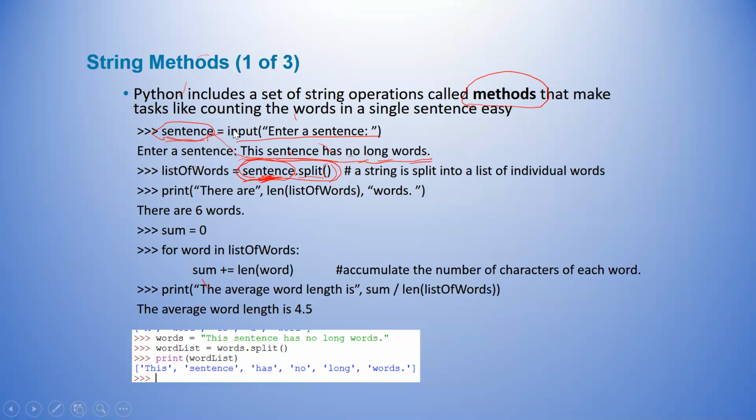While here, when you split this, list of words will have 6 elements, right? And so when you print, len is the function, you know that. List of words is the list variable name, and it will give you 6 here, right? There are 6 words, okay? And this is what you entered, that's a string. So it counts how many elements are in that list, and it gives you the number of elements.